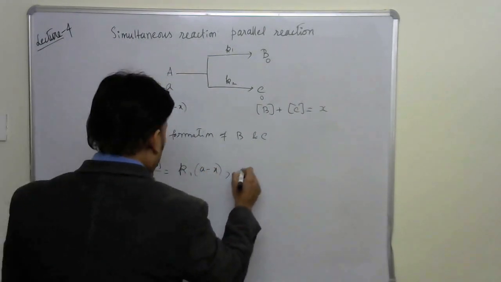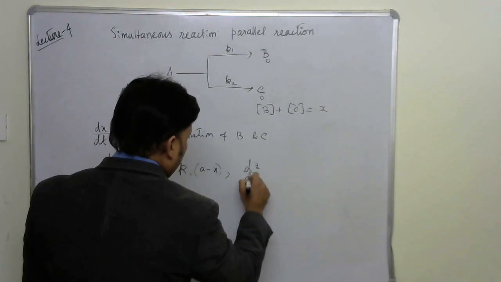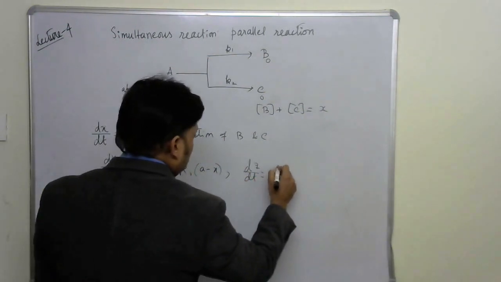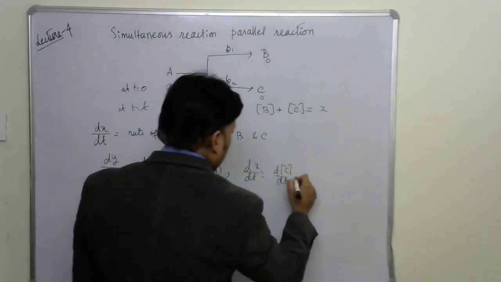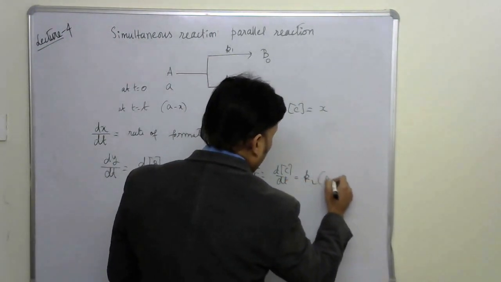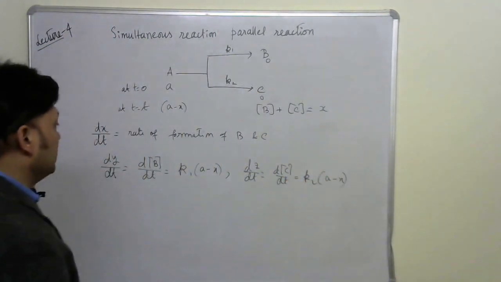And similarly, dz/dt, the rate of formation of the product C, is equal to k2 (a minus x) at any time.